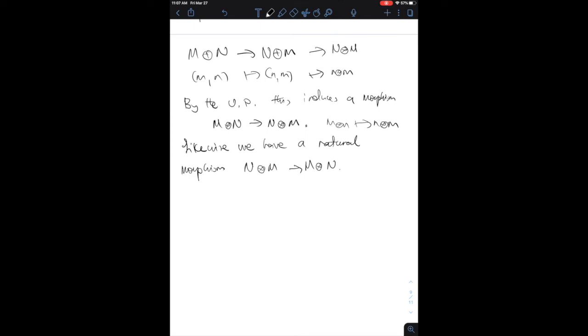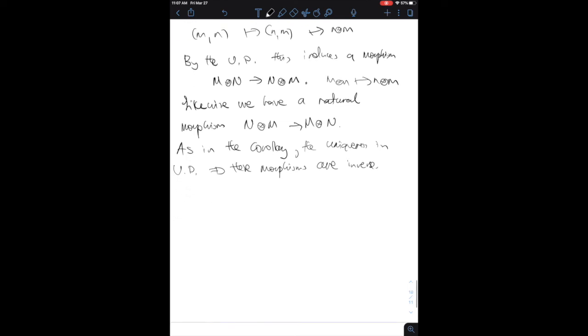And then, exactly as in the corollary, the uniqueness in the universal property implies that these two morphisms are inverse. Okay, so the other parts are similar, and I'm going to leave them as an exercise.